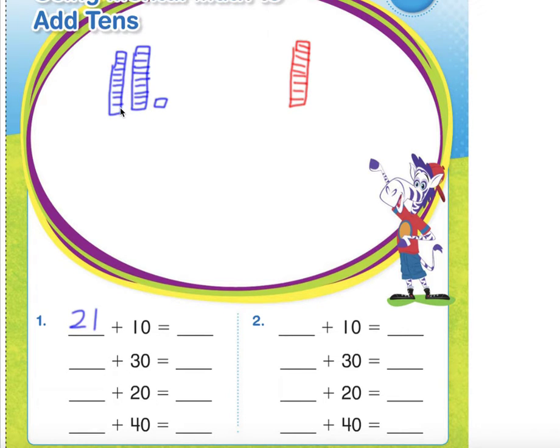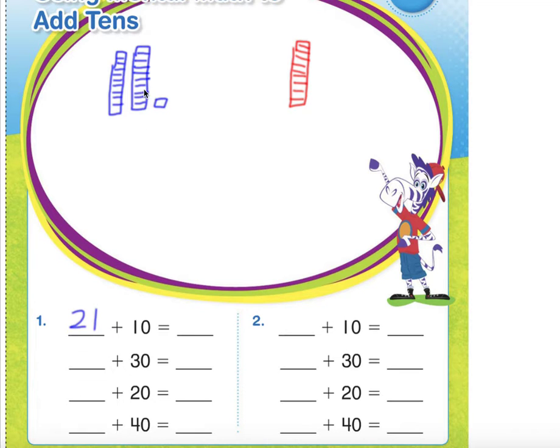You can watch my drawings, or if you would like some tens rods and ones cubes, I can give you some to work with, okay? But they're kind of just there to help us understand the idea.